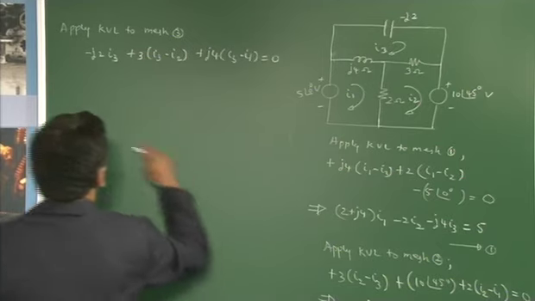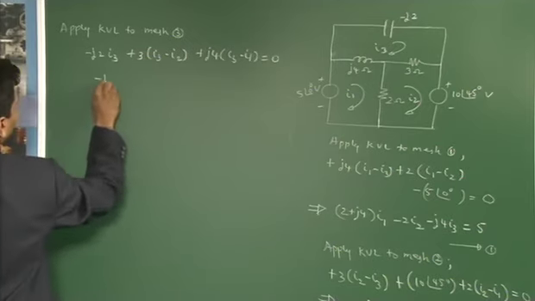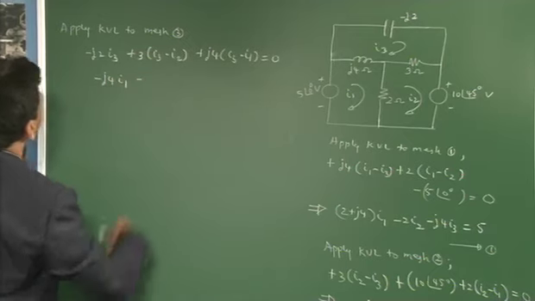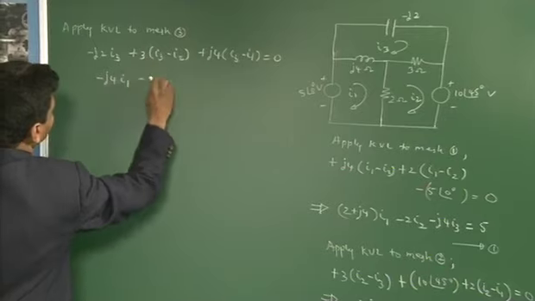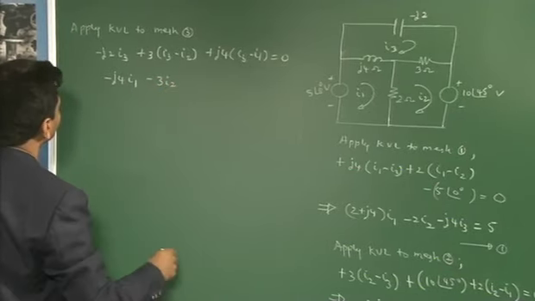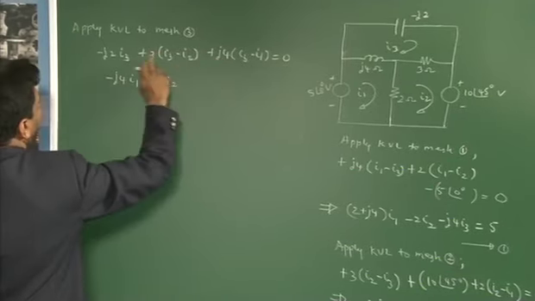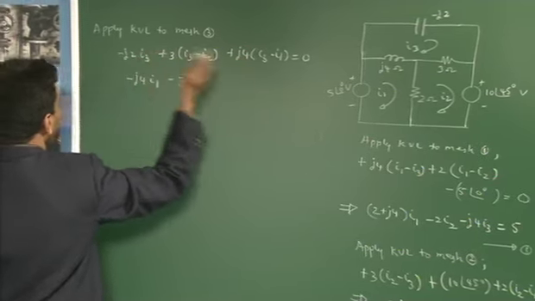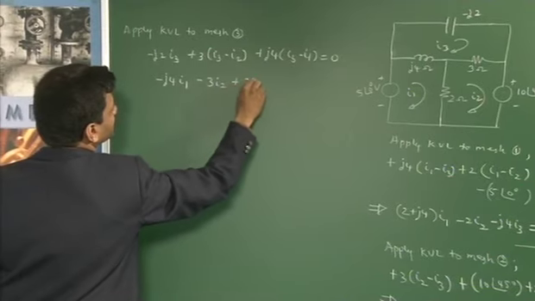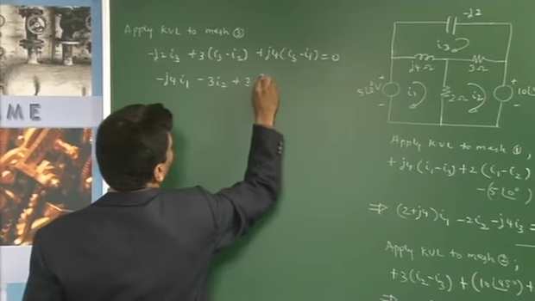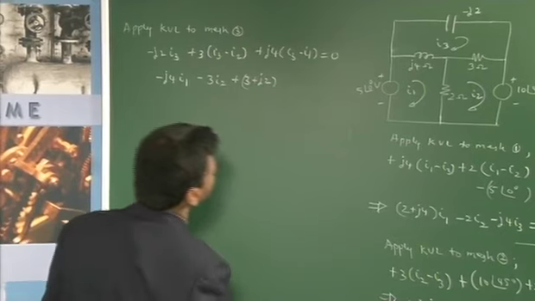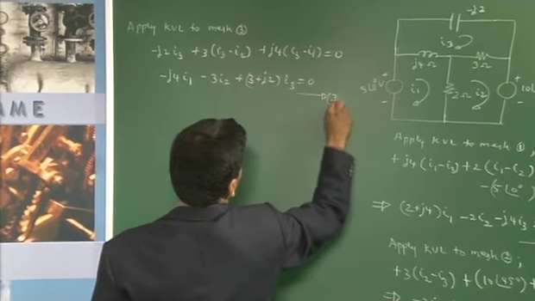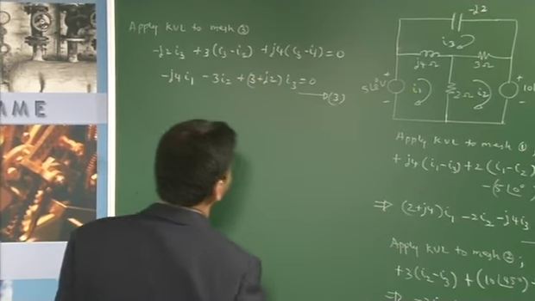Now we arrange these terms properly: minus J4 I1, then minus 3 I2, then the I3 terms: J4 minus J2 plus 3, and J4 minus J2 is J2, so (3 plus J2) I3 is equal to 0. Call this equation 3.